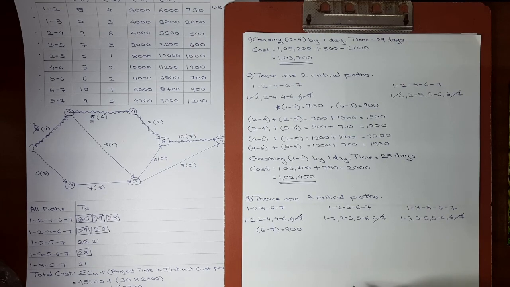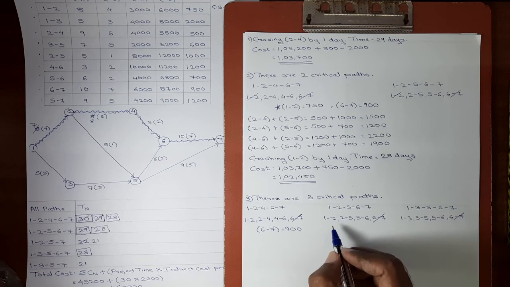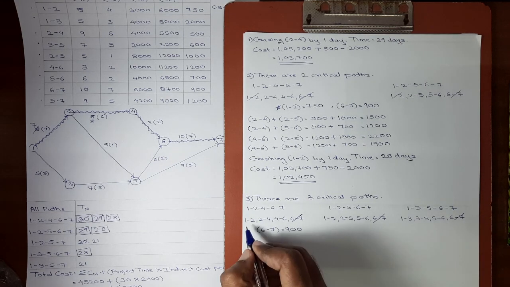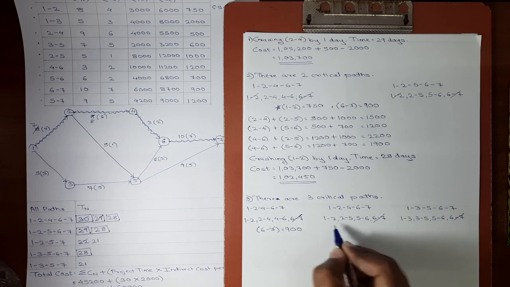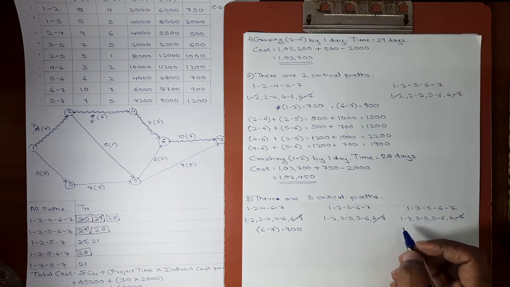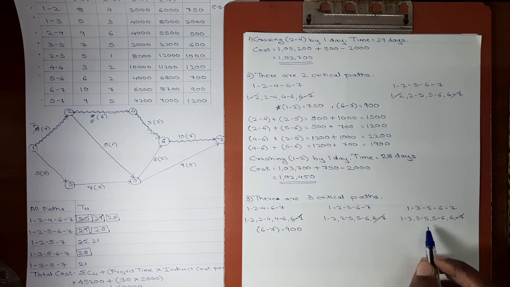Now the first combination will be first activity from first path, first activity from second path, first activity from third path. Here the activities are 1-2, 1-2 and 1-3. But the rule of making combinations says that one activity from each path must be selected and no activity must be repeated in a combination.